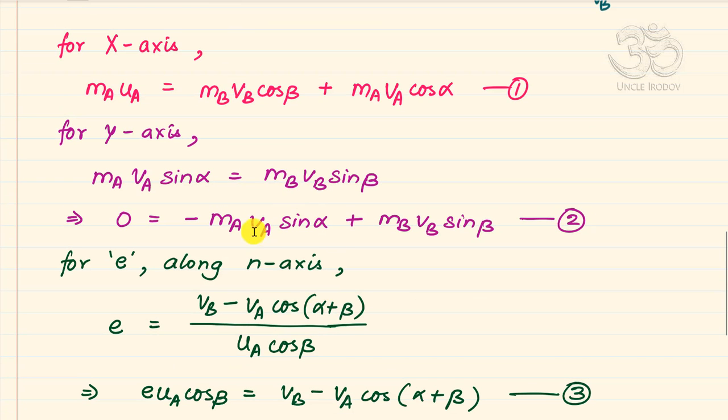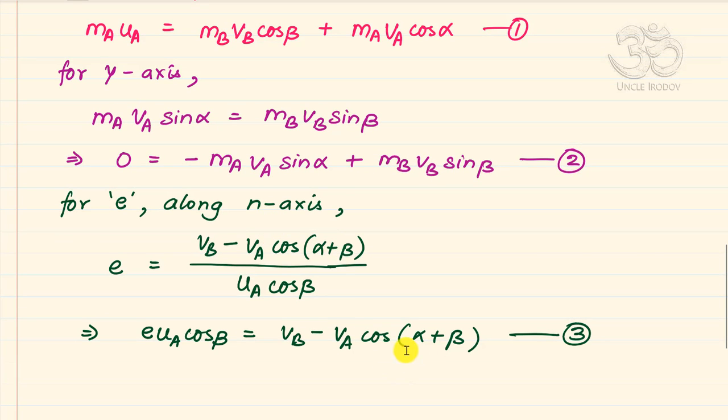This format, with cos of alpha plus beta, gives me an idea of how to solve this, because I know that cos of alpha plus beta is cos alpha cos beta minus sine alpha sine beta. I have already got cos beta here, and I have already got sine alpha here. So perhaps if I multiply this entire expression by cos alpha and this entire expression by sine beta, and then try to solve, I will end up with cos of alpha plus beta.